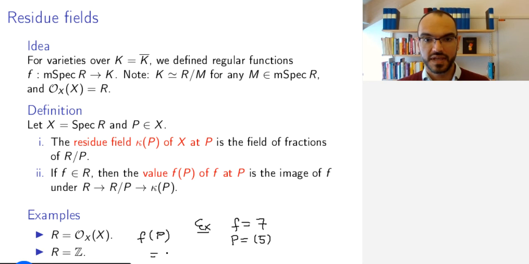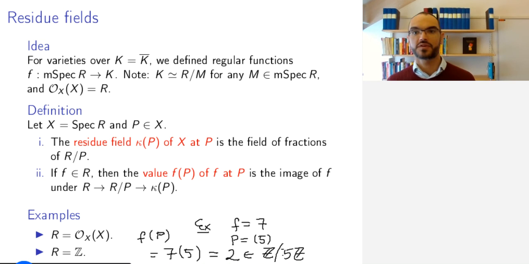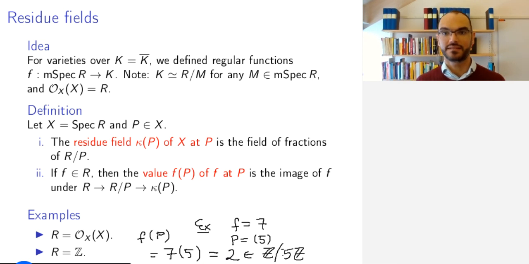Then f of P is just 7 of 5, which looks very strange, but this is the element 2 in the field Z mod 5Z. So this is the evaluation of the number 7 modulo the ideal 5, 7 mod 5.